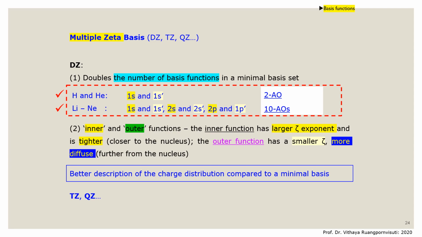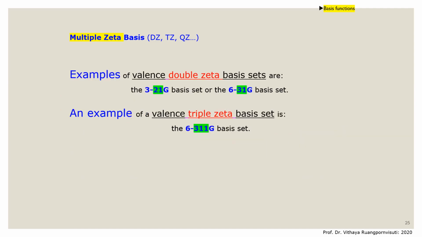This gives a better description of the charge distribution compared to a minimal basis set. Examples of valence double zeta basis sets are the 3-21G basis set or the 6-31G basis set.